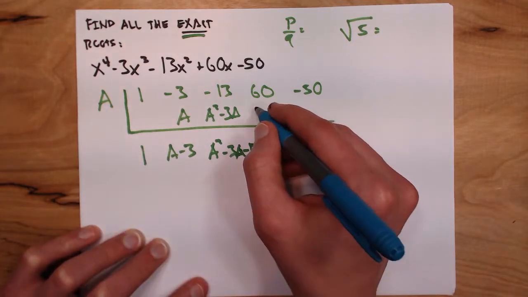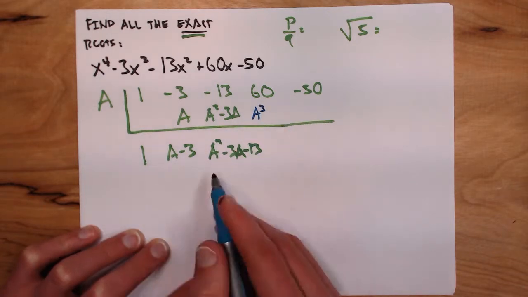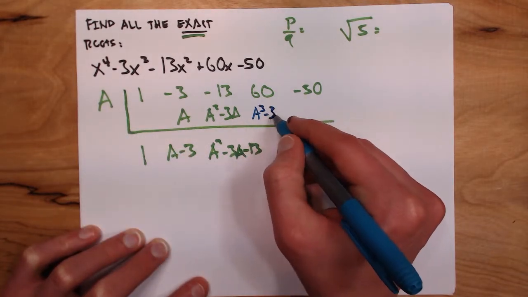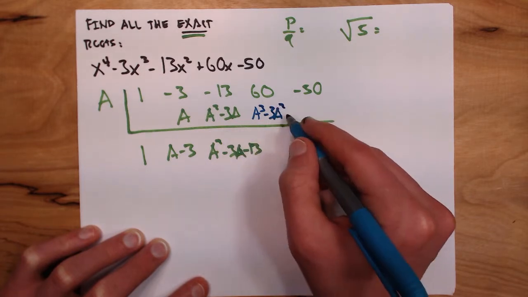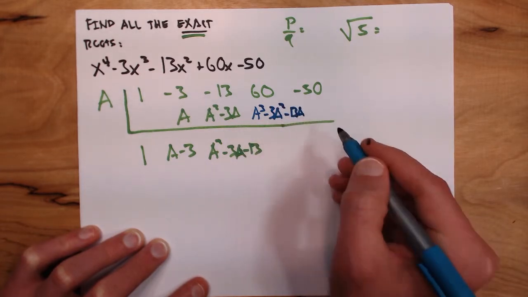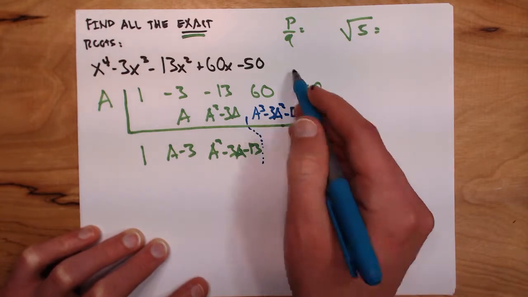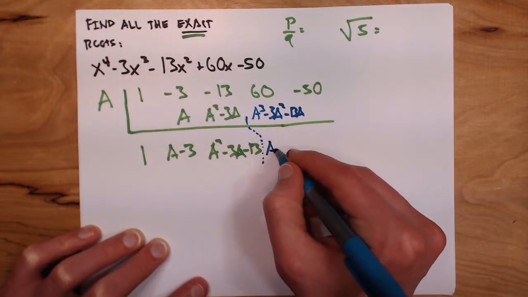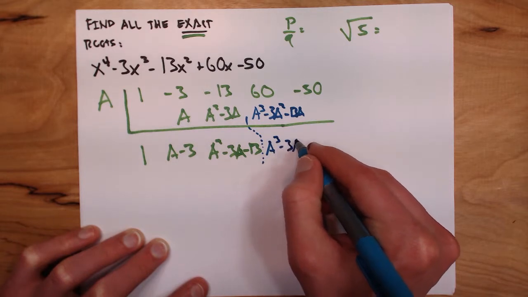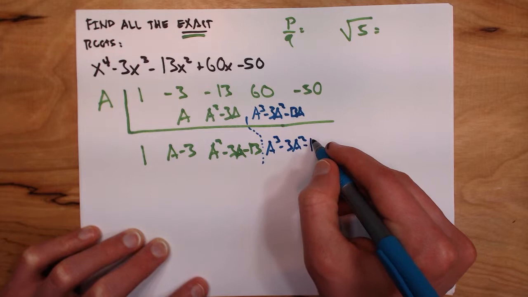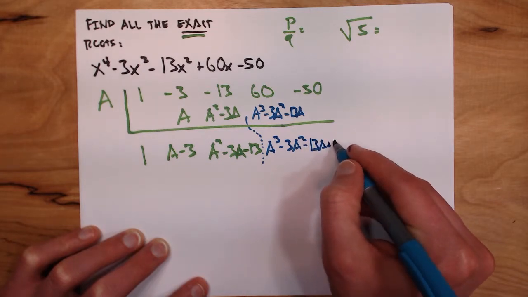This times this is a cubed. I should have left more space. Try to leave more space on your test. 3a squared minus 13a. All right, I'm going to draw a little dotted line here. I'm going to add 60 to that, so a cubed minus 3a squared minus 13a plus 60.